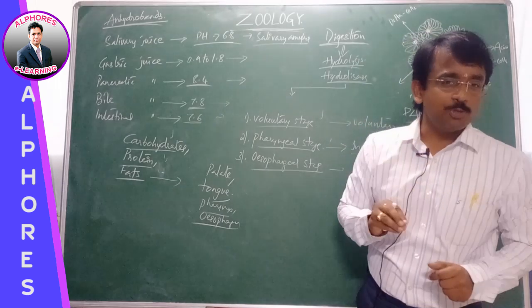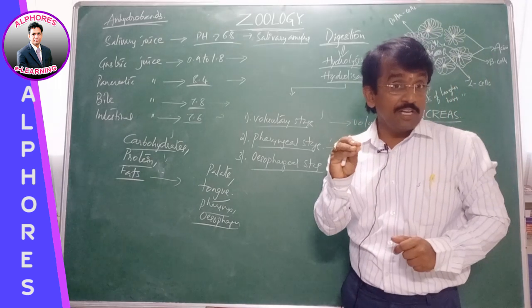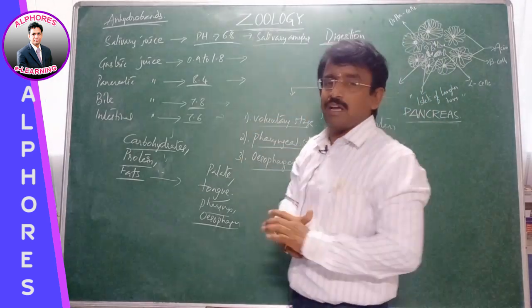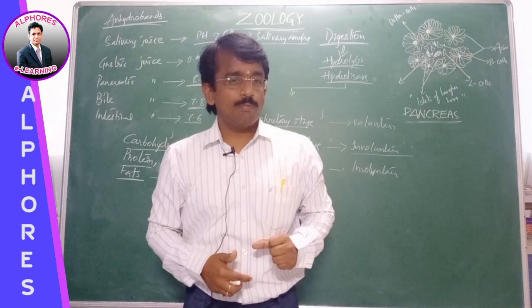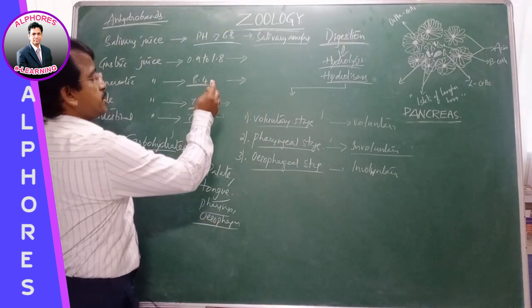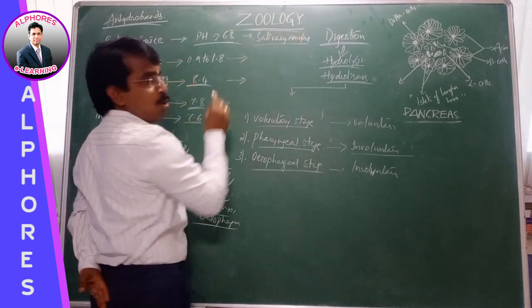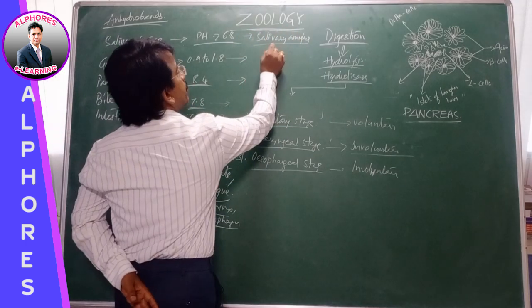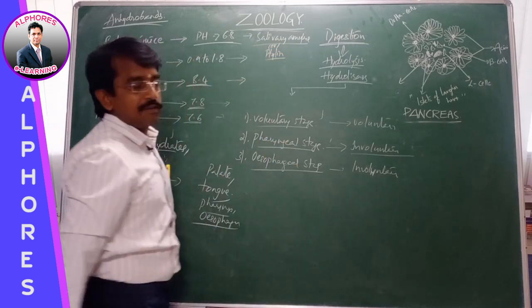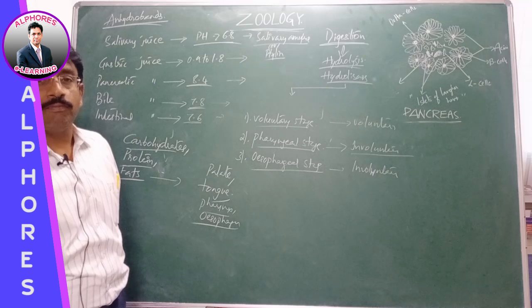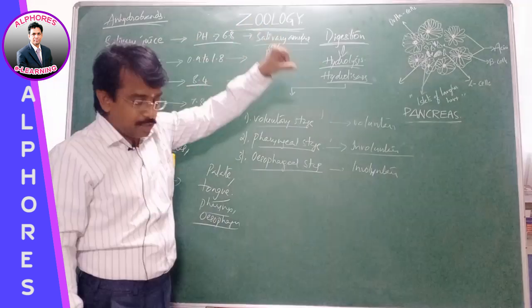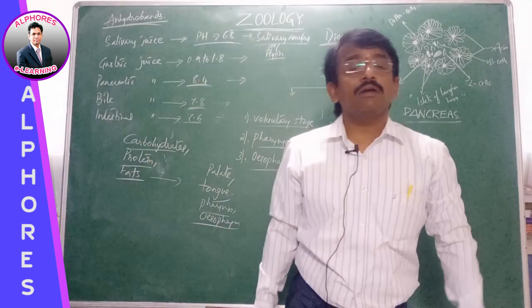The salivary juice contains a carbohydrate enzyme, salivary amylase or ptyalin. 30% of the carbohydrates are digested in the buccal cavity.